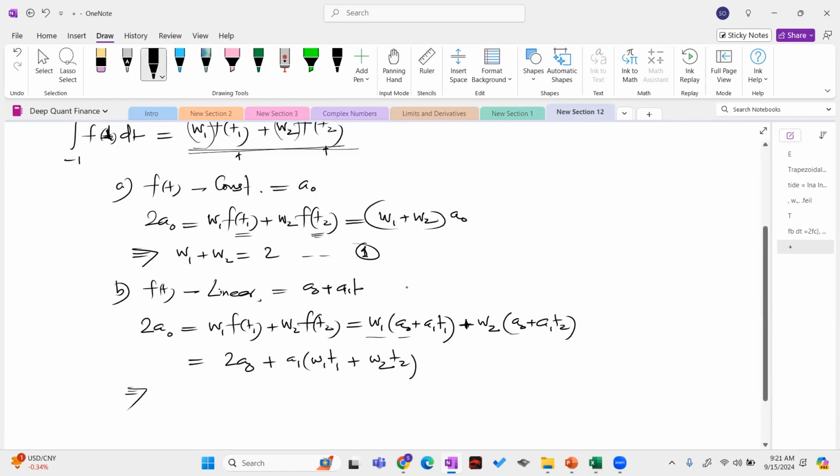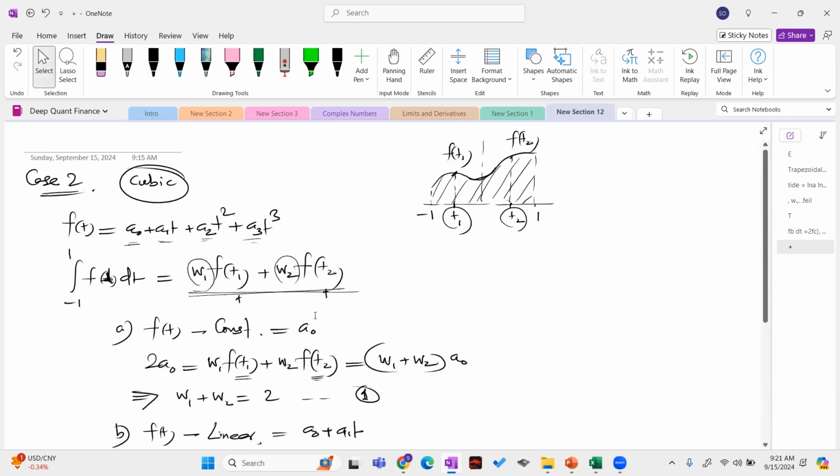The 2a0 and 2a0 get cancelled, and we get this beautiful second equation, w1 t1 plus w2 t2 must be 0, correct? Second equation. How many parameters do you have to solve? There are four parameters. W1, W2, T1, T2. We have to have four equations. We got two equations, okay? And then we keep going.